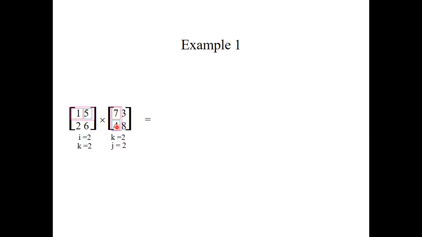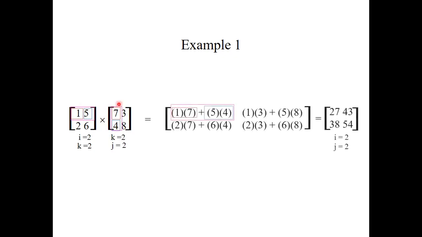We add both of these numbers up, and that gives us the first number in the first row of the product matrix. So it's basically 1 times 7 plus 5 times 4. See this here? 1 times 7 plus 5 times 4.